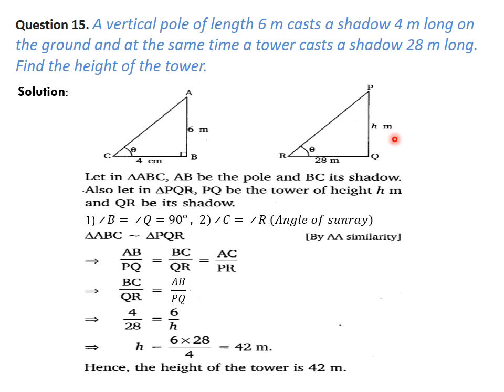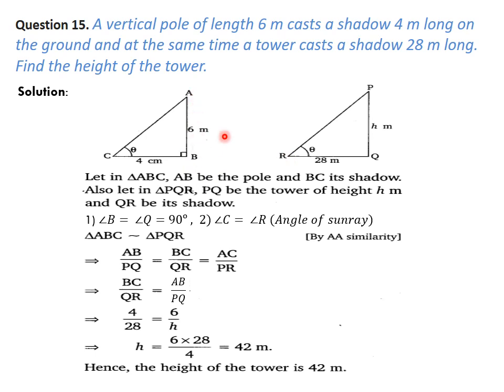So throughout the day, whenever we take the length at different points, at the same moment, the angle of the ray or the sun ray is always equal. That's why we can say that angle C and angle R right over here will be equal.